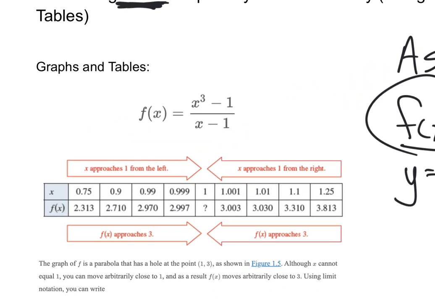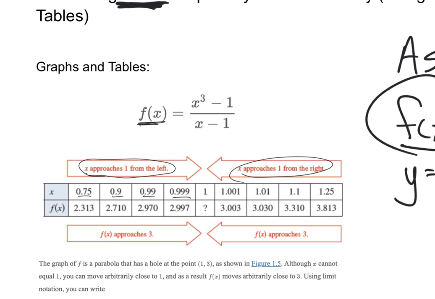So let's take a look at this one. Now, in this table, we're going to see x approaches 1 from the left and x approaches 1 from the right. So here is our f of x. So as x approaches 1 from the left and x approaches 1 from the right, 0.75, 0.9, 0.99, 0.999. Notice these x values are getting closer to 1 from the left of 1.